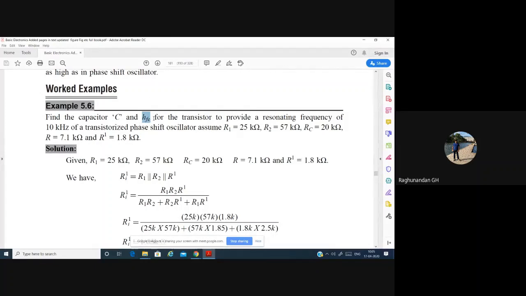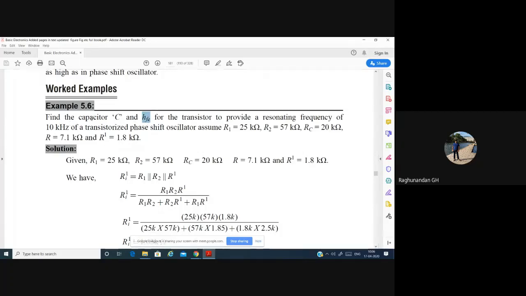HFE is the other way of representing the current gain of a transistor. The other day I was telling that we analyze using H parameters, and in H parameters, instead of the beta symbol, they use HFE. HFE is nothing but beta. If you have a textbook, please mark it there. Don't get confused in the exam.